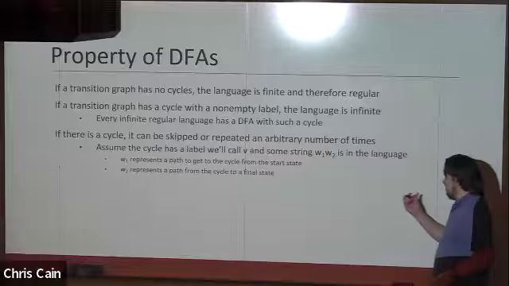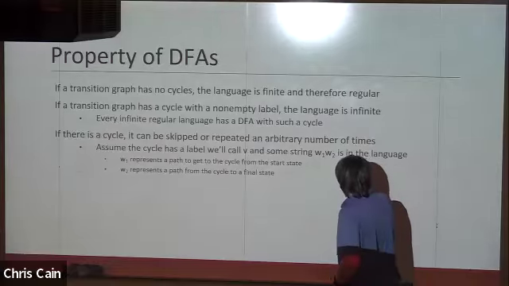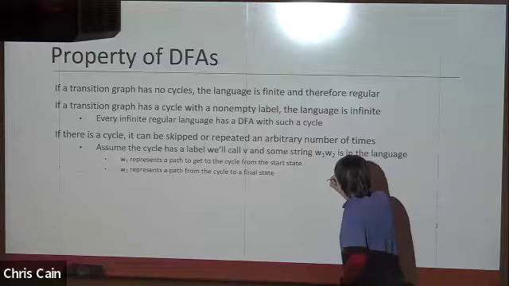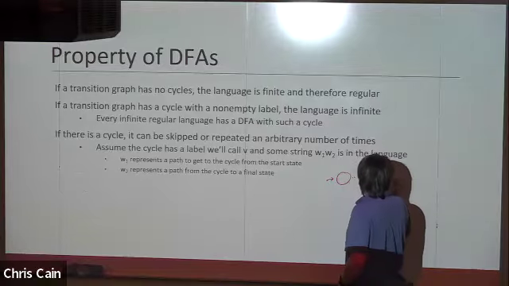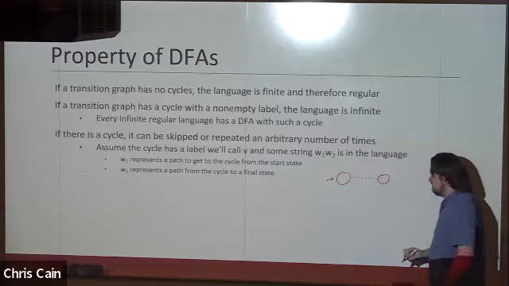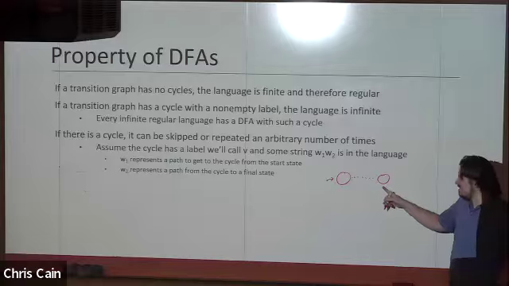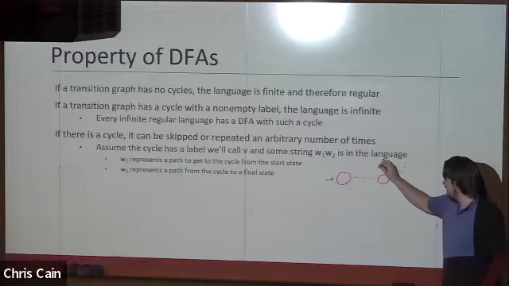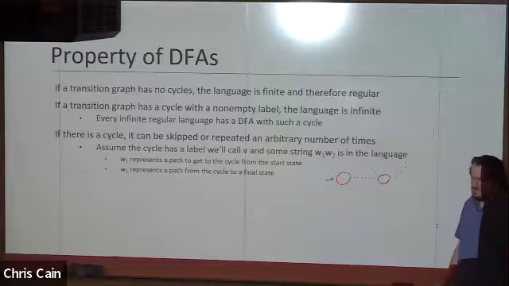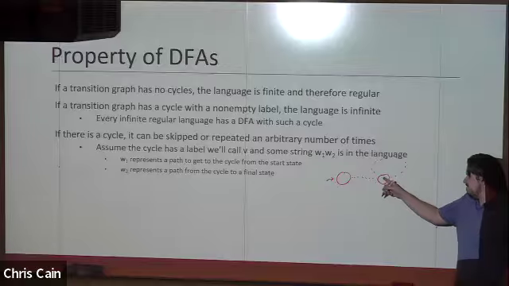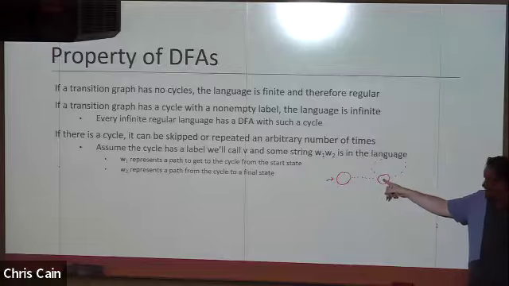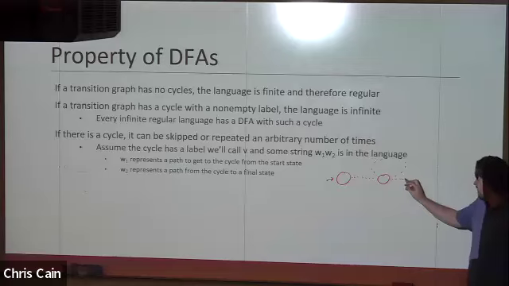So now I can start drawing this the way that I personally like to think of this, which is we have some initial state, and via some path, we get to another state. Then we can get from this state back to itself via some cycle. And it does not matter where this cycle goes or how many vertices it goes through, but we get back to this state in some capacity. And then we get from this state to an accepting state.